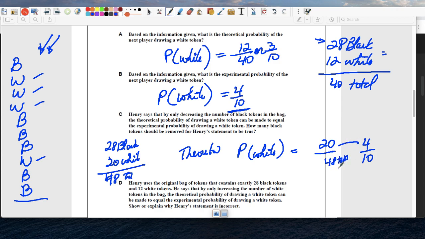I can't make an equivalent fraction out of that. Well, 20 divided by 5 is 4, but 48 divided by 5 is not 10, it's 4.8. So notice that this is not going to work. Okay, so adding white tokens so that I can get this initial theoretical probability to match the experimental probability doesn't really work.